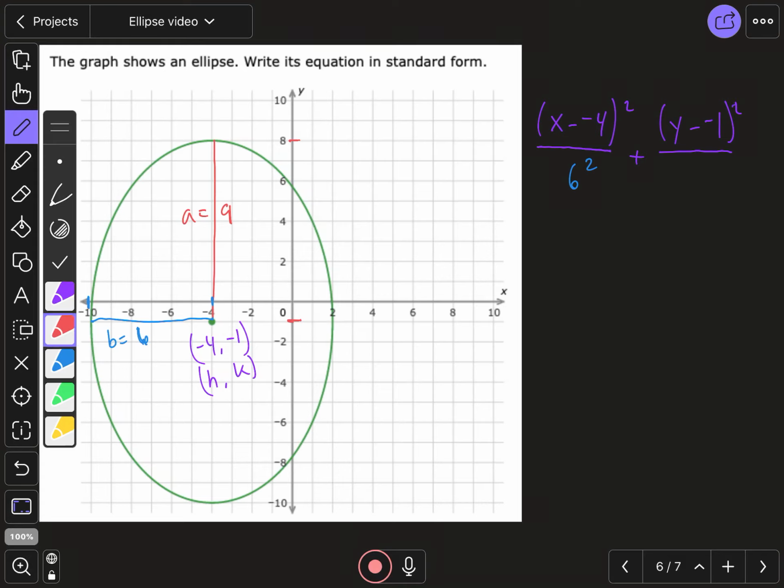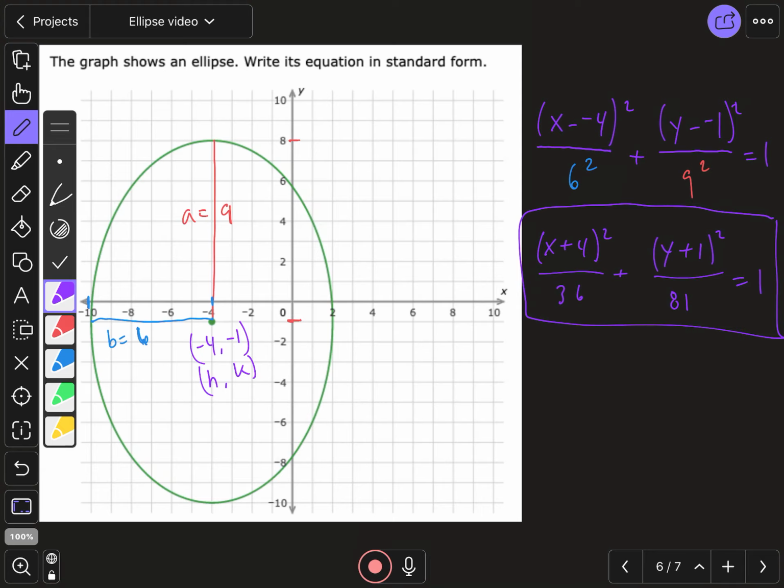The vertical component is 9, so it would be 9 squared. That's always equal to 1. So simplifying that would be x plus 4 squared over 36 plus y plus 1 squared over 81 equals 1. And that's what you would type into IXL.